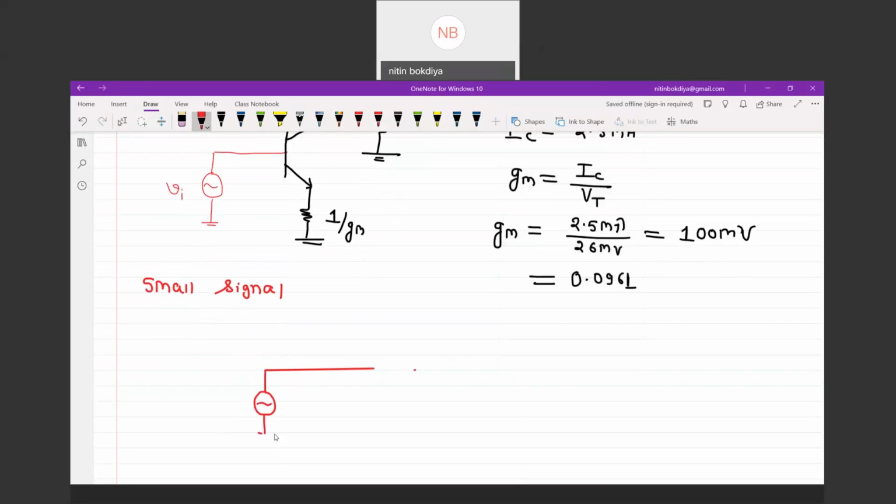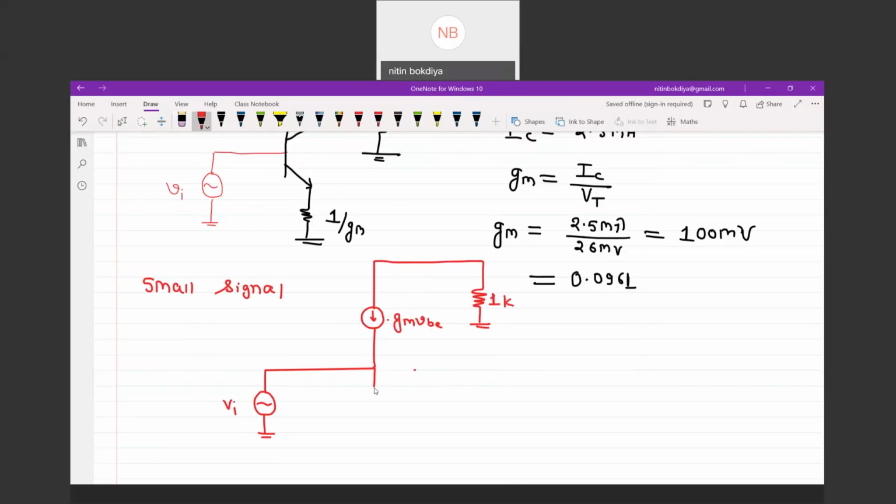Then we are having one more current source with value GM into VBE, connected to the collector, and the collector resistance is 1 kilo ohm.